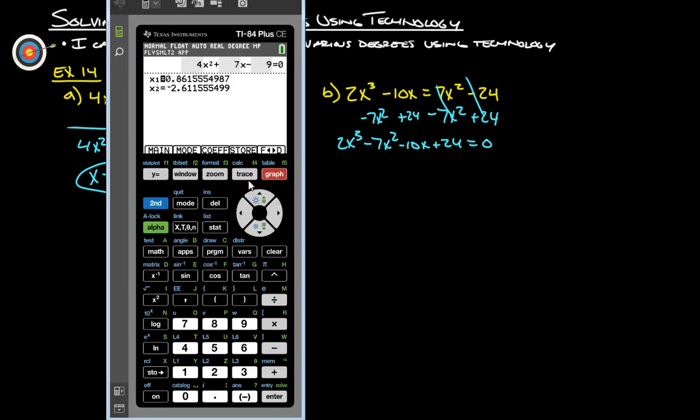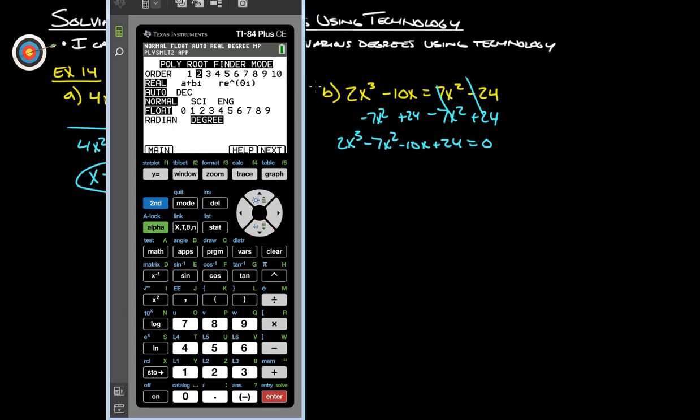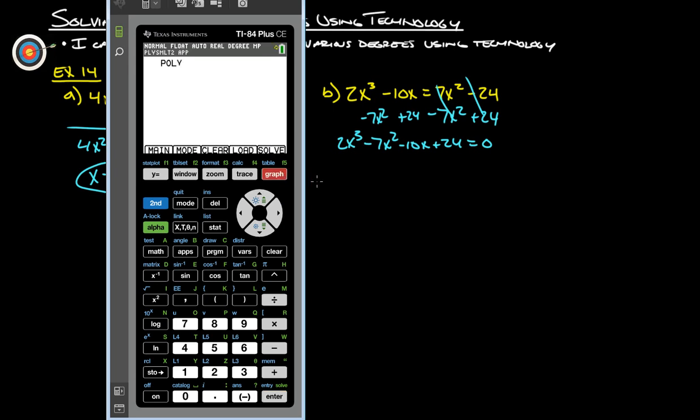Okay, so let's go back to, I would imagine main is going to be what we want. So we're going to go to polynomial root finder. Now our highest power is 3, so we're going to go over to order 3, and that should be the only thing we're going to need to change in here. I'm going to go to next, and now look, it's got cubes, squares, x's, and constants.